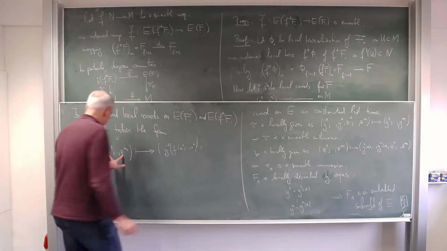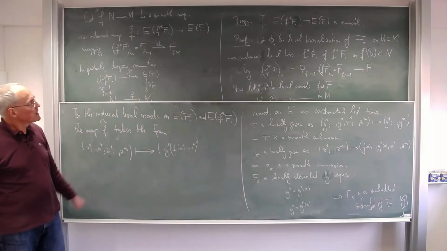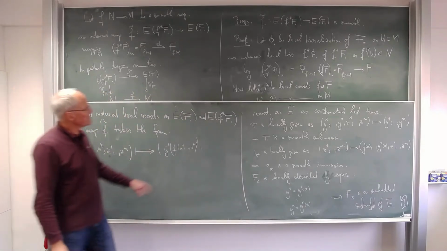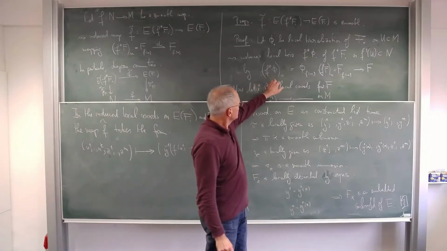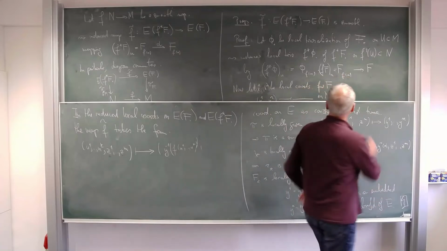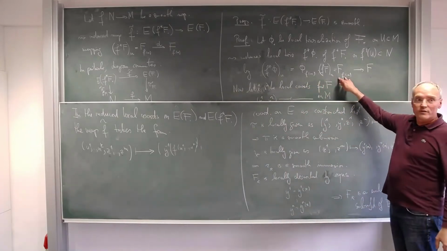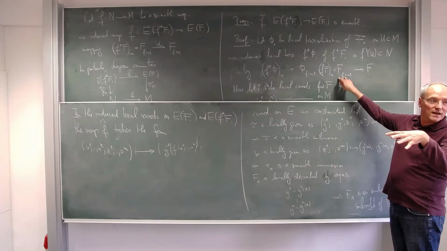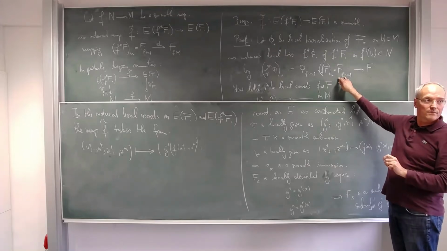And what happens to the fiber coordinates? These coordinates are actually coordinates of the model fiber, but we have used the pullback trivialization to identify this with the fiber at which we are looking. But this pullback trivialization over U is the same as the corresponding isomorphism over the image point.